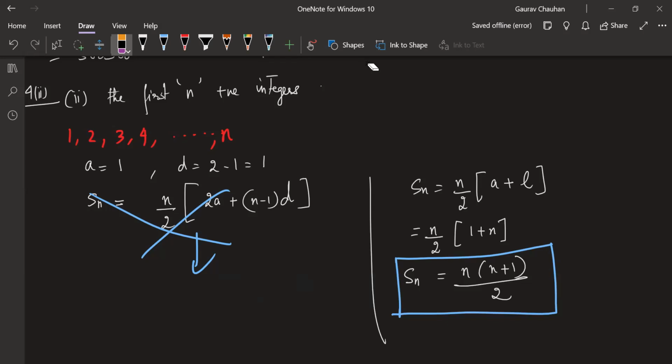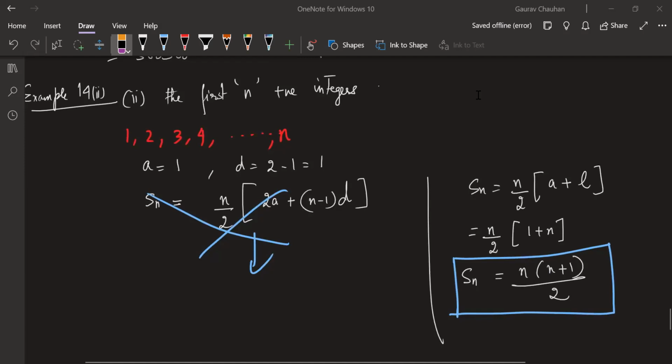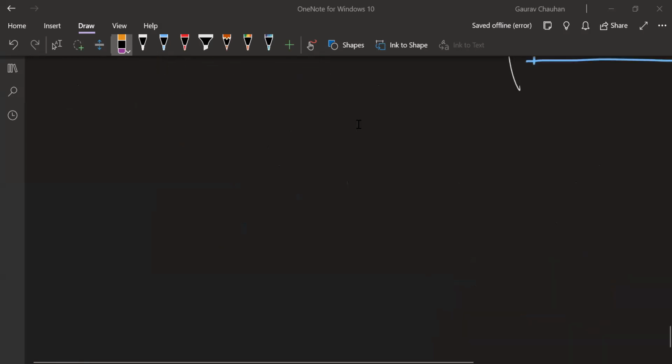Okay, I'm going to move ahead now. People who need a screenshot, take one. The solution is also there in your book. 5, 4, 3, 2, 1, and 0. Actually, I'm going to do example 15 first and then come to that.